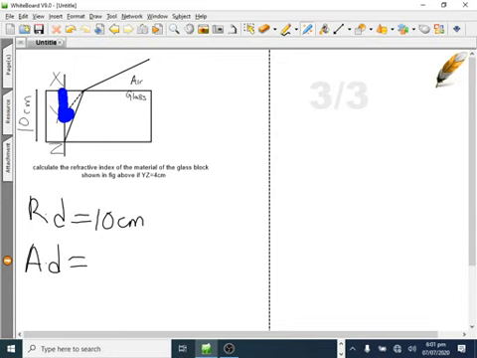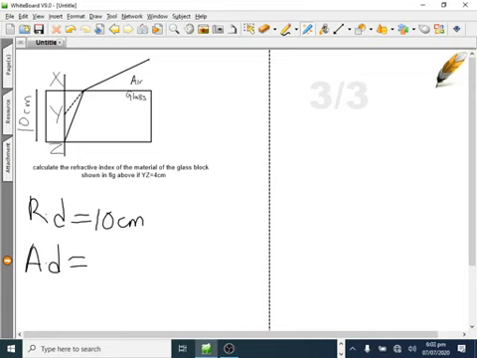According to the question, YZ is 4 centimeter, from here to here. Now, the total height here is 10 centimeter. This is our apparent height, XY, which we don't know.